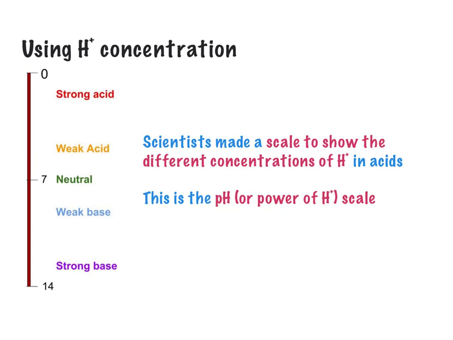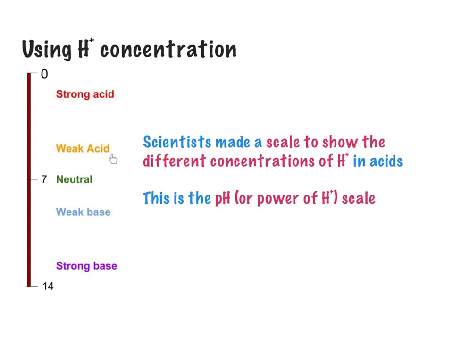Okay, so chemists have developed a scale that goes from 0 to 14. And 0, 1, 2 are strong acids, as you can see on our little scale up here. At the lower end, we have strong acids, and as we move closer to neutral, the acids become weaker.